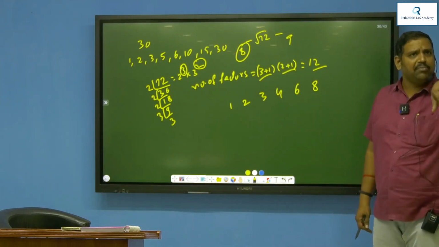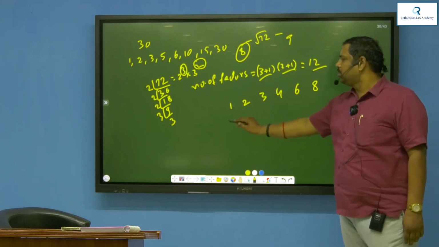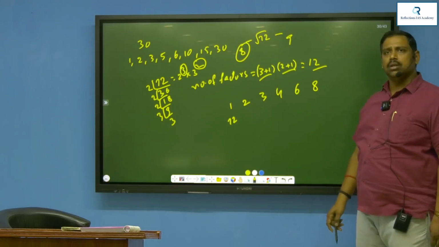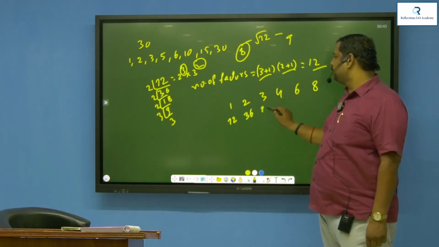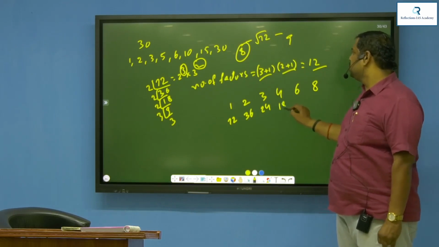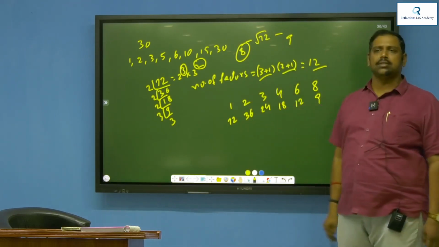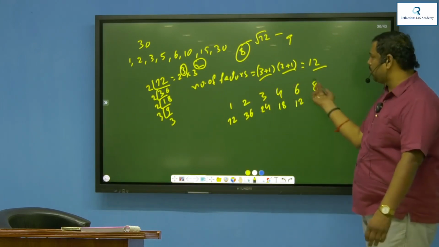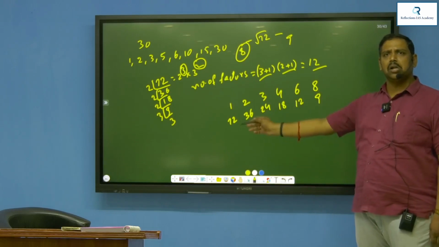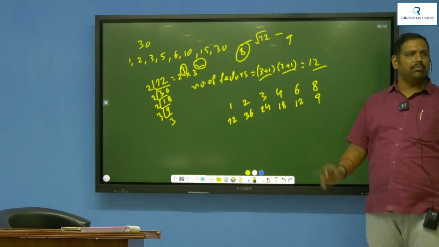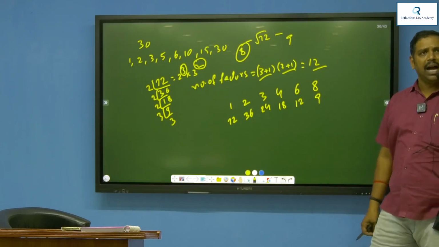If you want the remaining factors, 72 by 1, 72 by 2, 72 by 3, 72 by 4, 72 by 6, 72 by 8. These are the total factors. Count it. You got 12 or not? 6 and 6. Total how many factors did you get? 12. In this way, you should be in a state to write it. You should be in a state to identify.